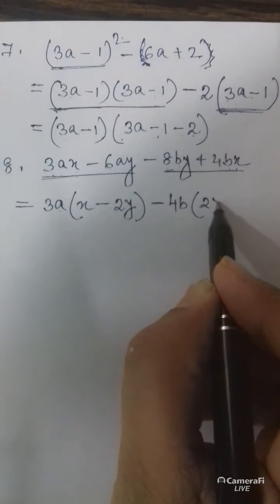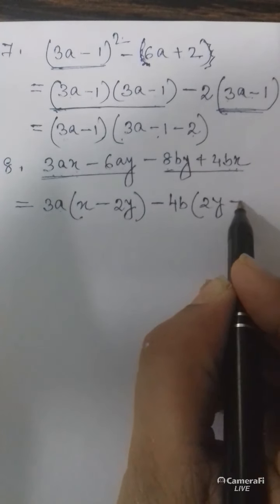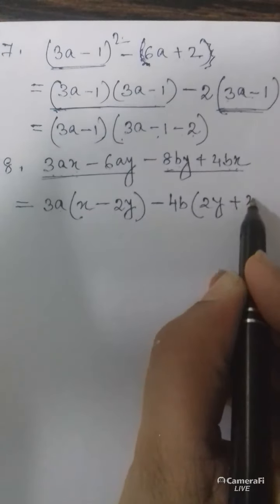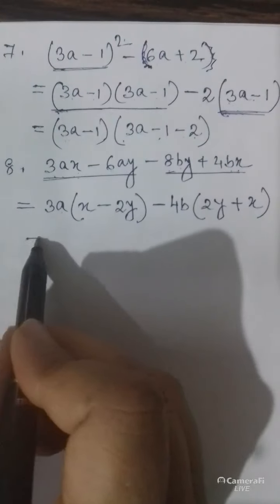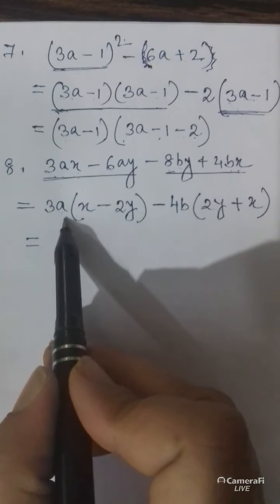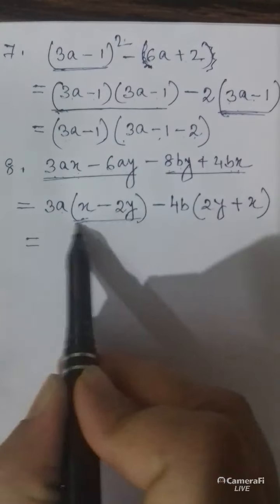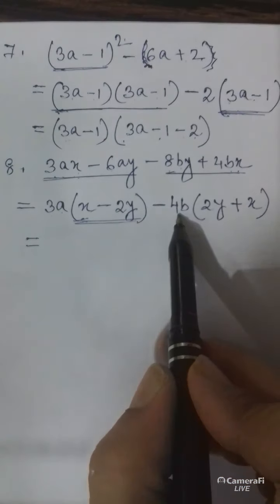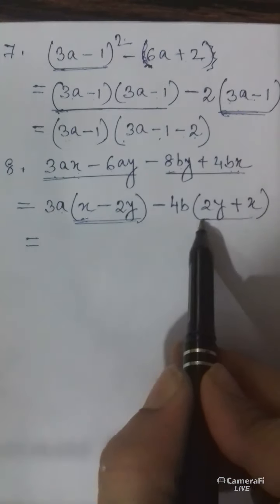So 2y plus x. See here 3a into x minus 2y, and here 4b into 2y plus x.